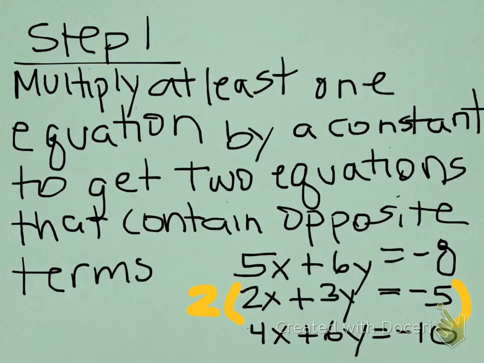And since I multiplied by 2, I need to multiply everything in the equation by 2. So I multiplied 2 times 2x to get 4x, which is the third equation, 2 times 3y to get 6y, and that is going to be 2 times negative 5 to get negative 10. So the equations that I'm going to use to solve are going to be the first and the third equations.